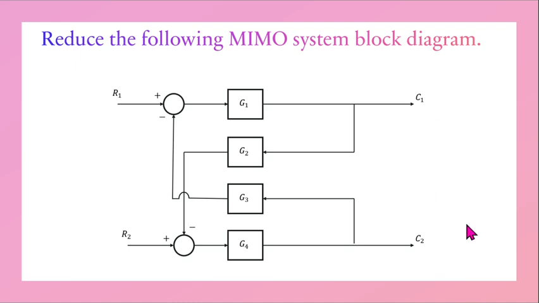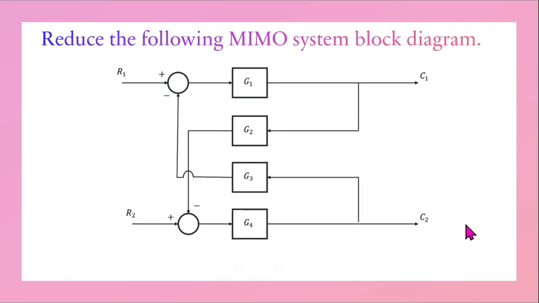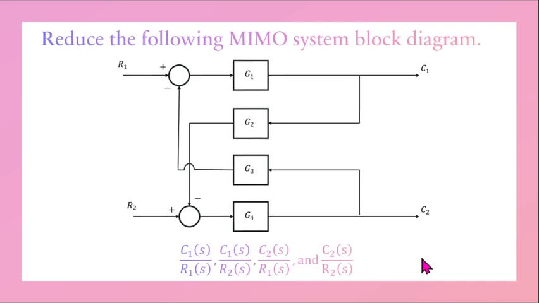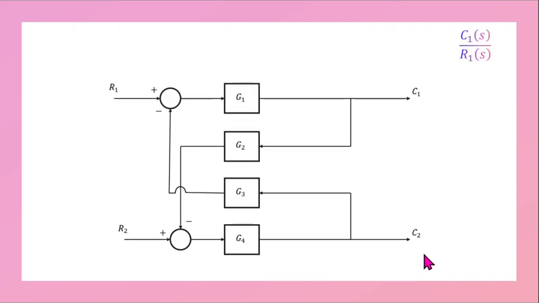So we need to get four transfer functions, which are C1 of S over R1 of S, C1 of S over R2 of S, C2 of S over R1 of S, and C2 of S over R2 of S. Let's start with finding the first transfer function, C1 of S over R1 of S, using the superposition method. This means we focus only on the path from R1 to C1 while temporarily removing R2 and C2.